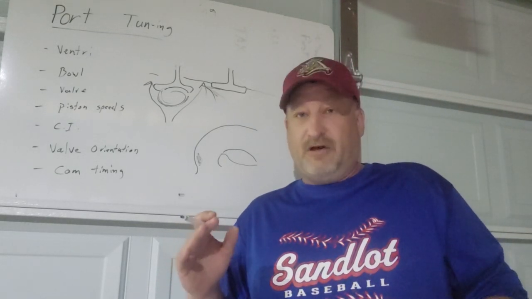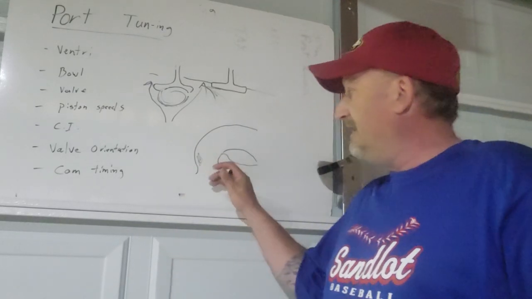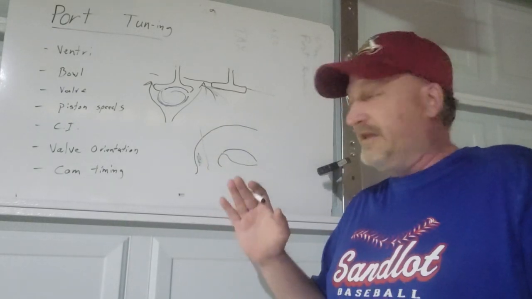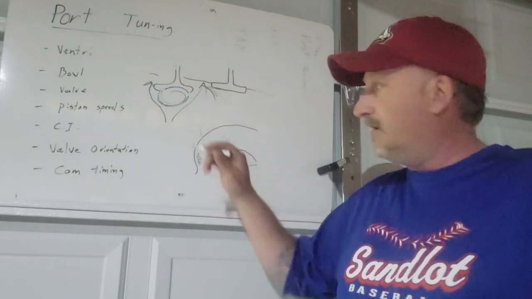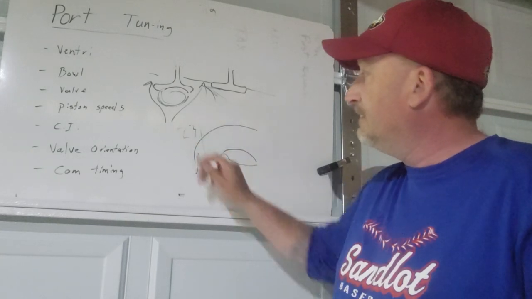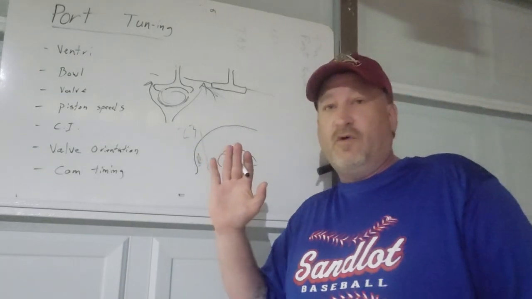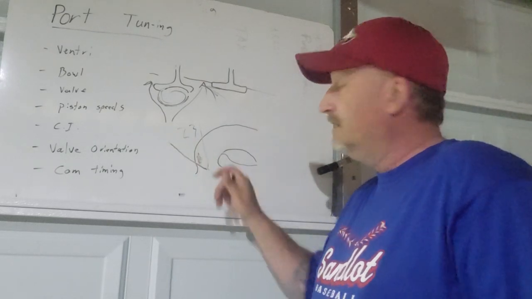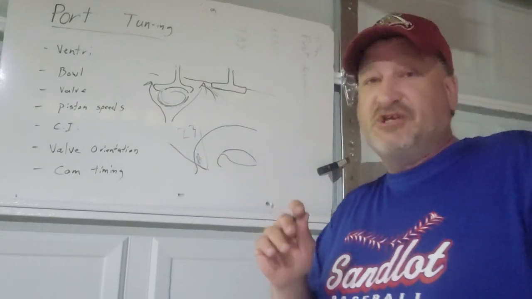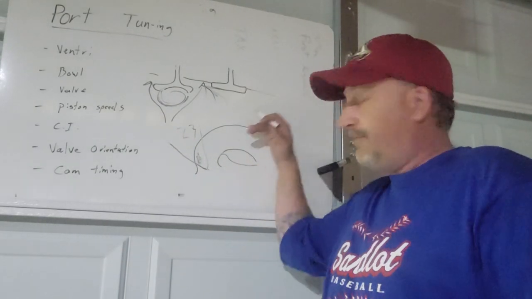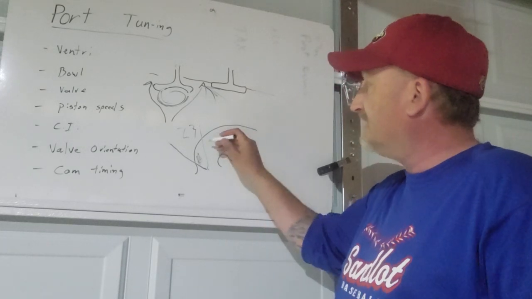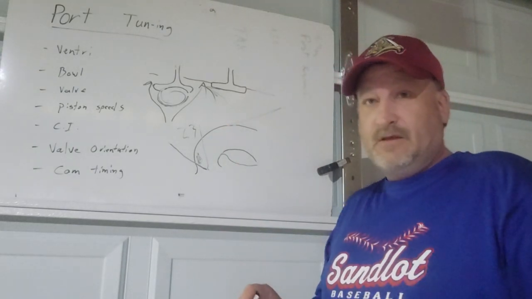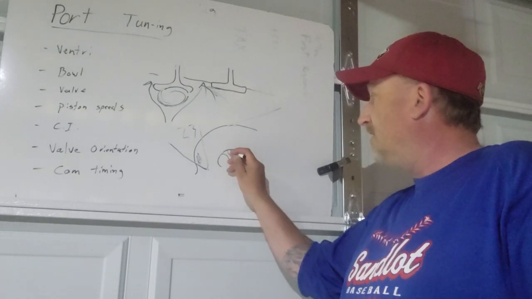Now, the level of the intake port is again associated to the valve angle itself. Even though the valve angle of a small block Chevy is 23 degrees, the valve angle of the Oldsmobile is canted over quite a bit more. But in relation to the port angle itself, the approach, the small block Chevy is higher. The Oldsmobile is much lower.